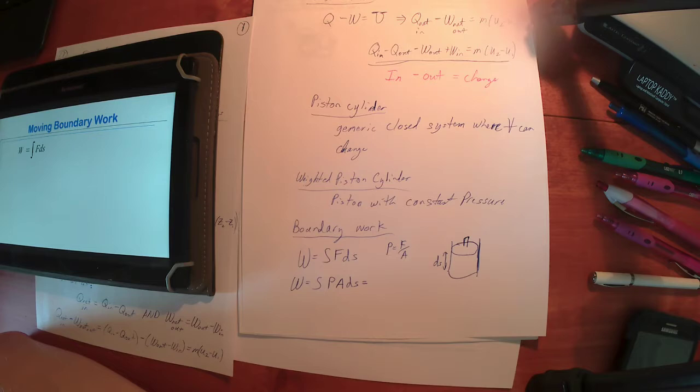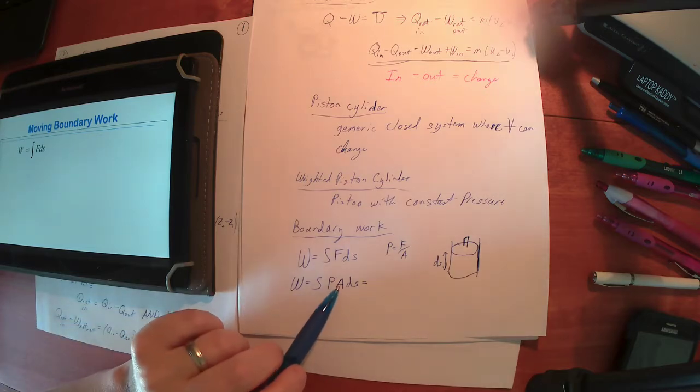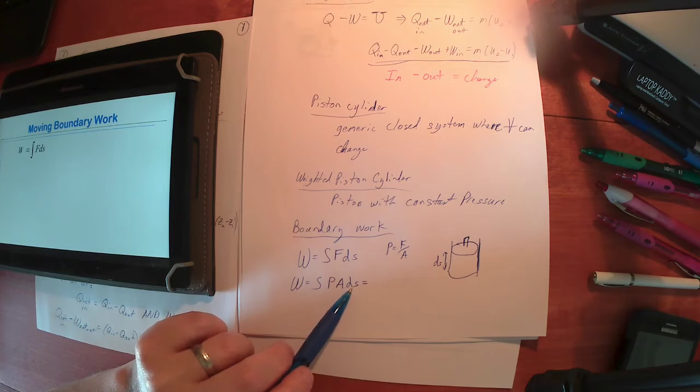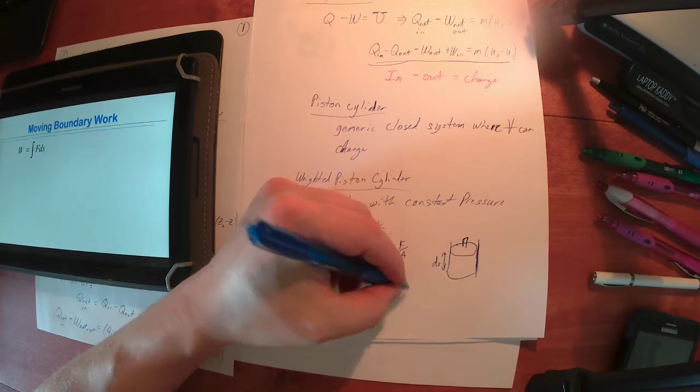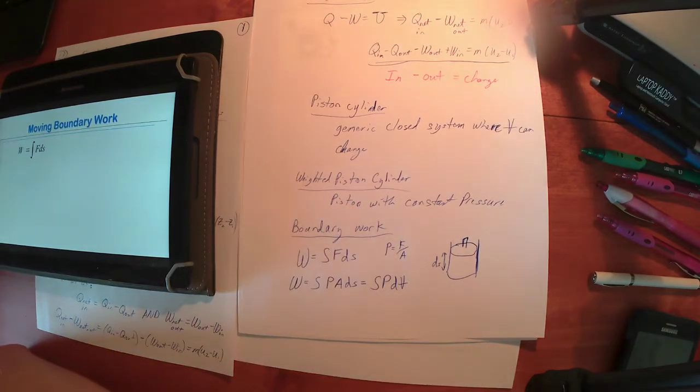Multiply by the height, the third dimension, and that gives me the volume. Same thing here. If I take this area and multiply by a tiny distance, remember this ds represents a differential tiny distance, I get a differential tiny volume.